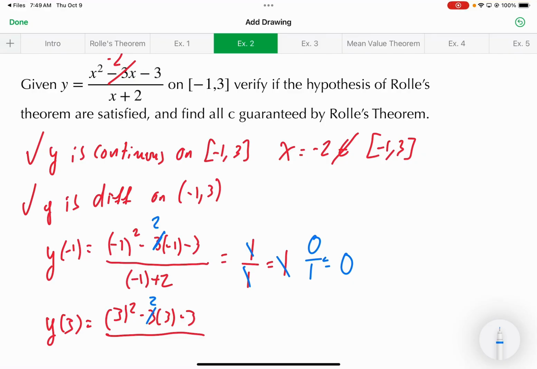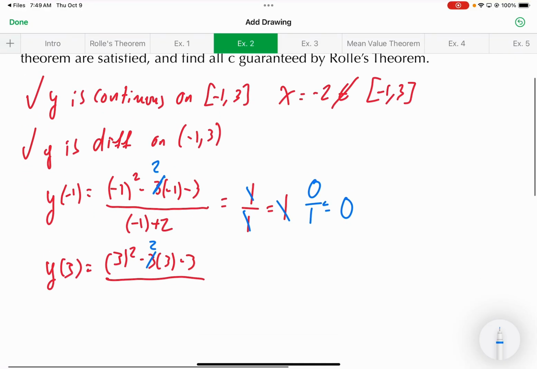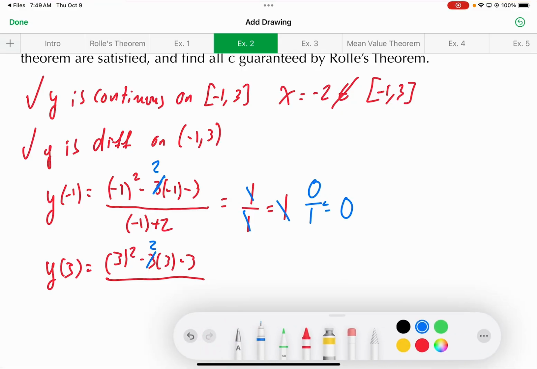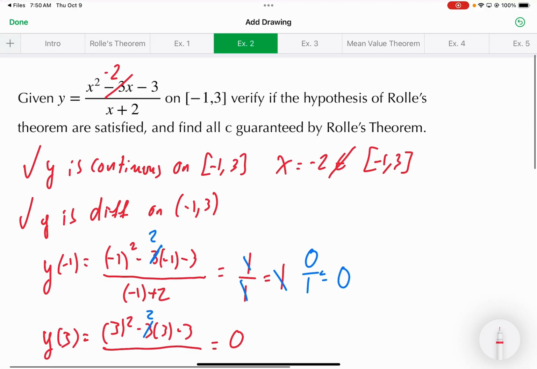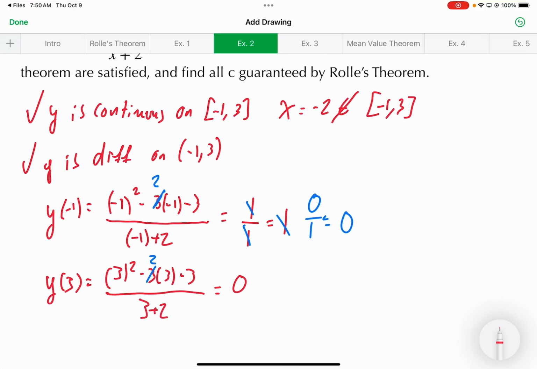Okay, then when I plug in 3, I should get the same output. So 3 squared is 9, minus 6 is 3, minus 3 is going to give me 0 up top. And then my denominator would be 3 plus 2. Doesn't really matter. 5 gives me an output of 0. Okay?